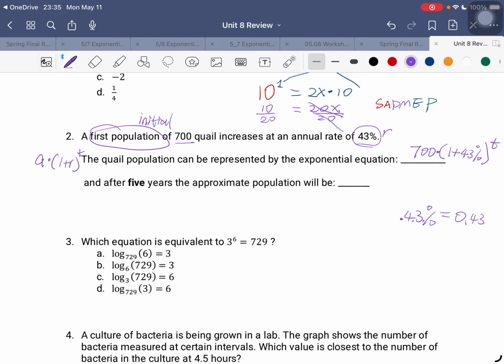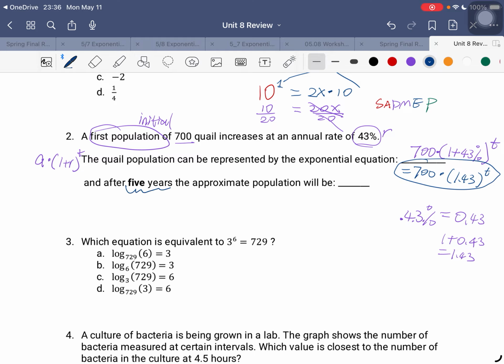So now I can rewrite it, because 1 plus 0.43 equal 1.43. So when I rewrite it, it's actually 700 times 1.43 to the power of t. This will be the formula.